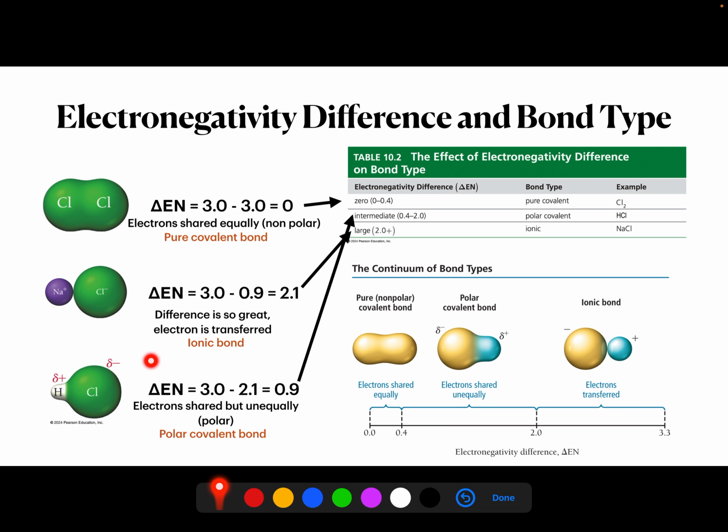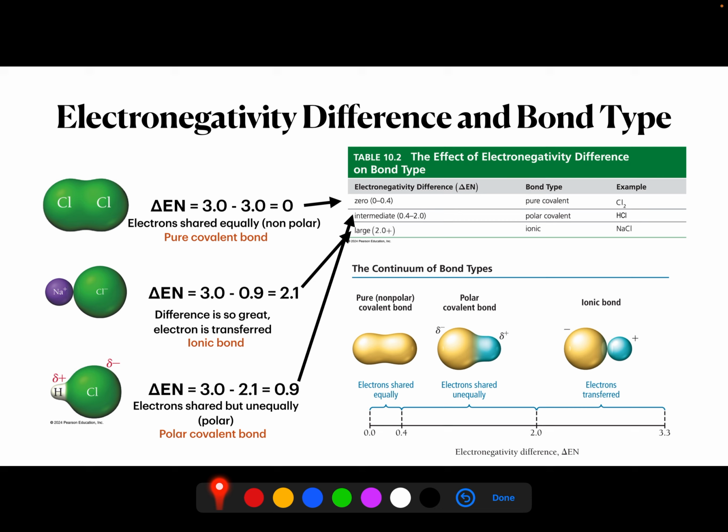When we have really large differences, greater than 2.0, we're going to say that those electronegativity differences are so great that the electron is going to be transferred and is not going to be a shared covalent bond, no sharing of electrons.